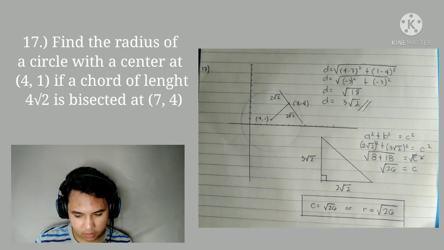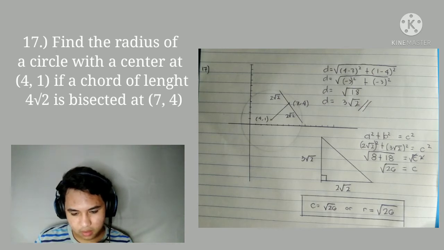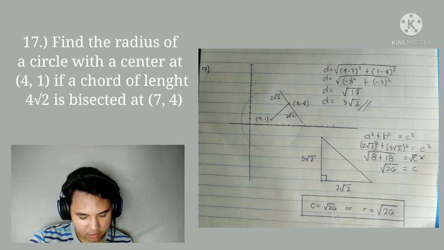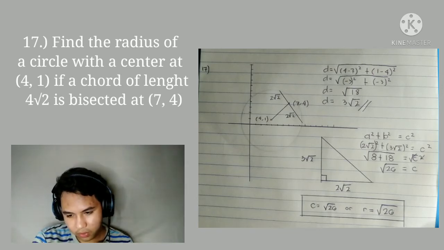First we need to find the distance between the center and the point (7, 4).